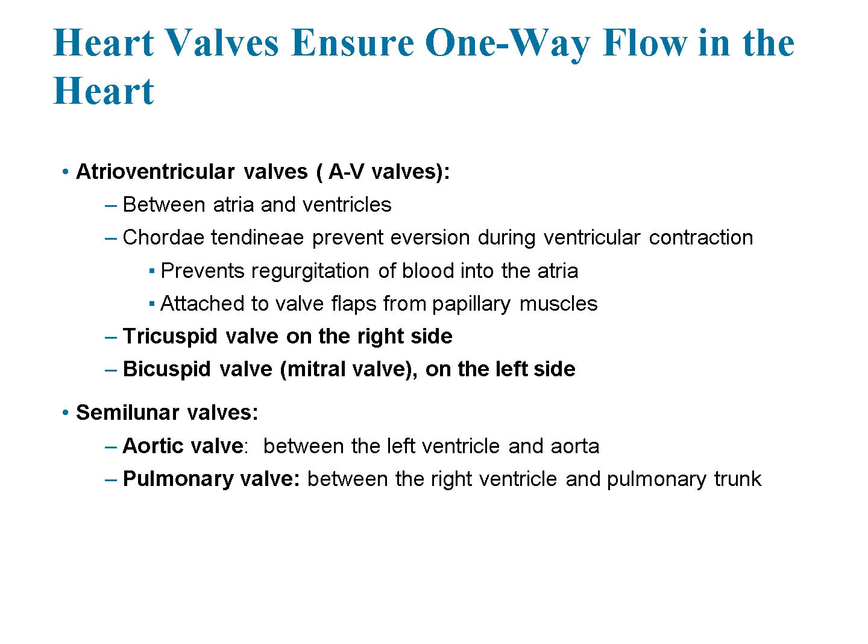The aortic valve ensures that blood flows from the left ventricle into the aorta, preventing backflow into the heart. Similarly, the pulmonary valve regulates blood flow from the right ventricle into the pulmonary trunk, directing deoxygenated blood to the lungs. Together, these valves work in coordination to ensure that blood moves efficiently through the heart and into the systemic and pulmonary circulations, supporting the body's oxygen and nutrient demands.